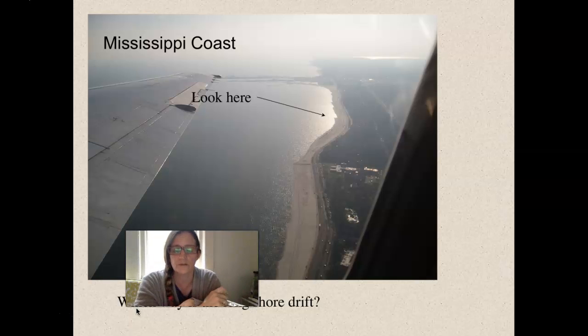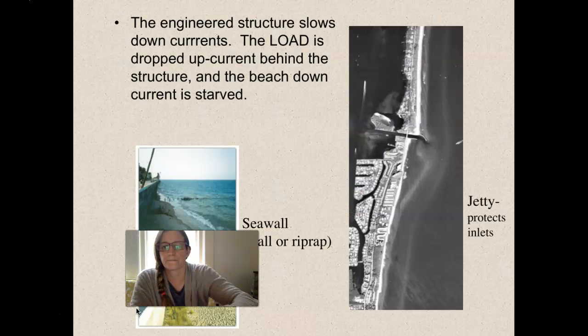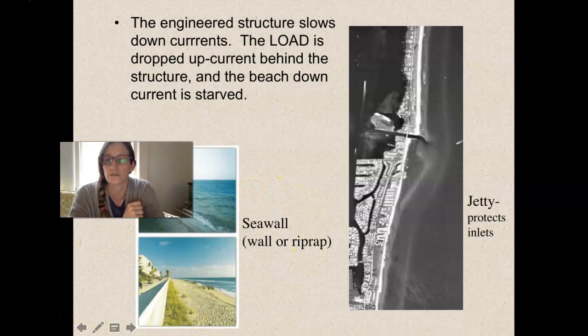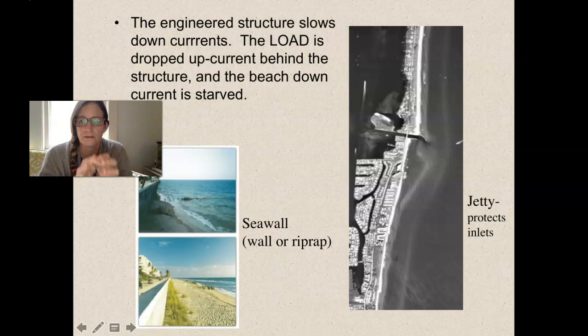So the movement of the longshore drift is from the bottom of the image up towards the top. All right. The engineered structure slows down the currents, right? So it's slowing the current, which allows for the dropping of the load, and the current behind that structure has gone down. The velocity has gone down to 0.